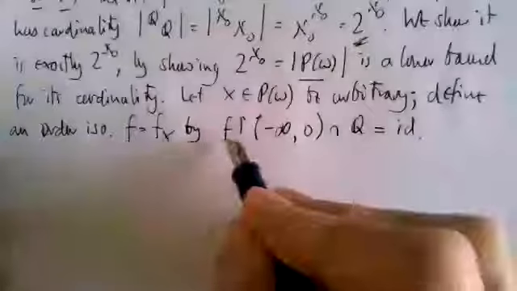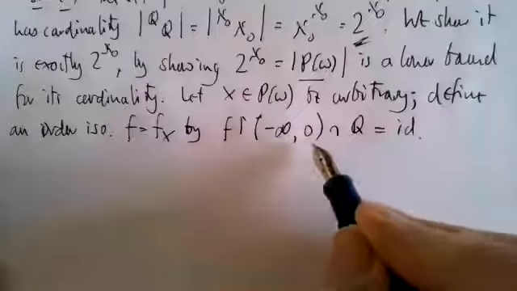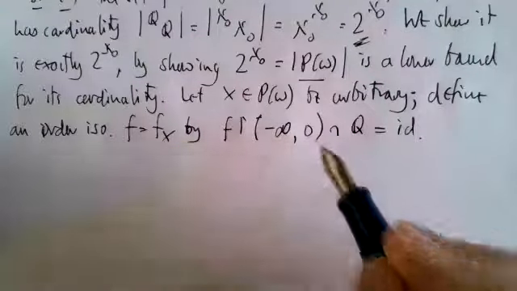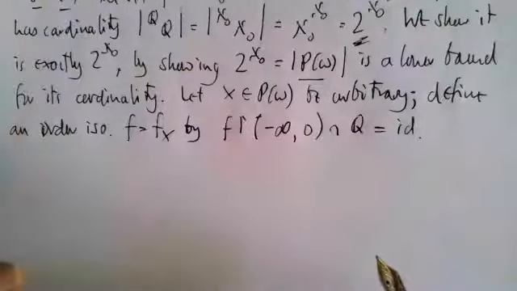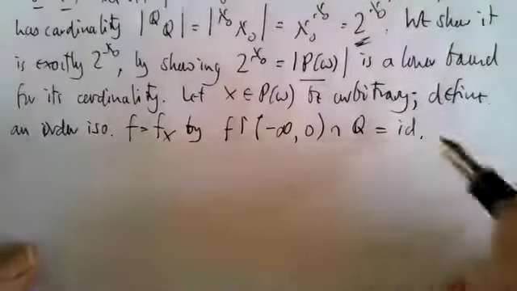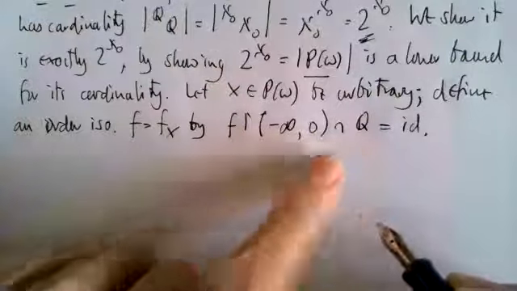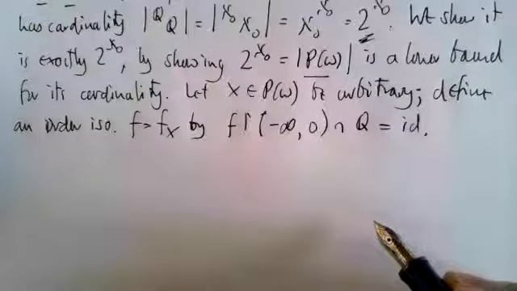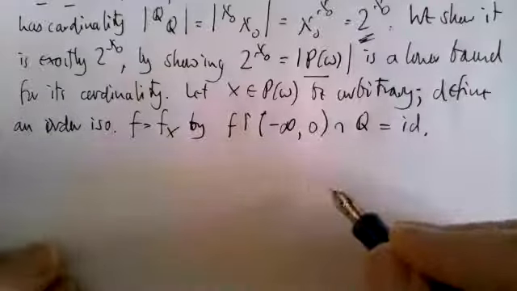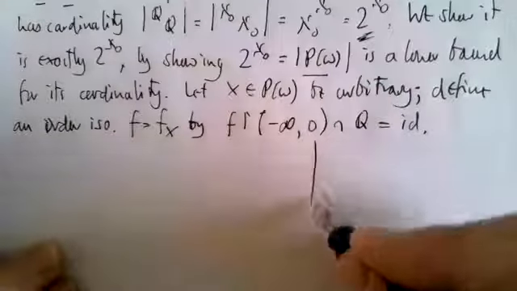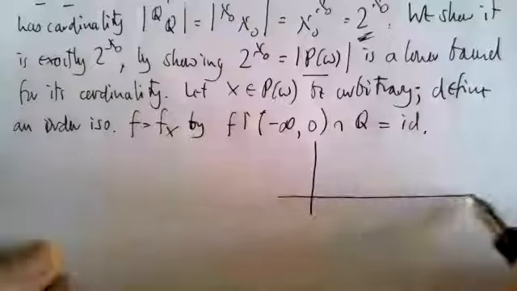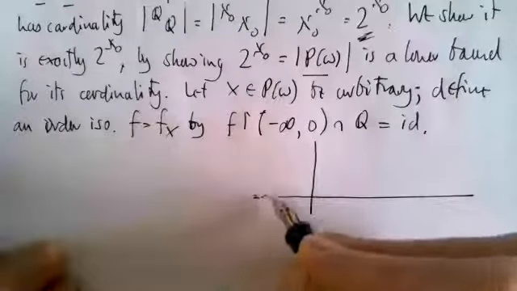So we're only interested in the action of f on rationals in here. We don't do anything interesting on the negative rationals. But then on the positive rationals, down here, it doesn't do anything interesting.